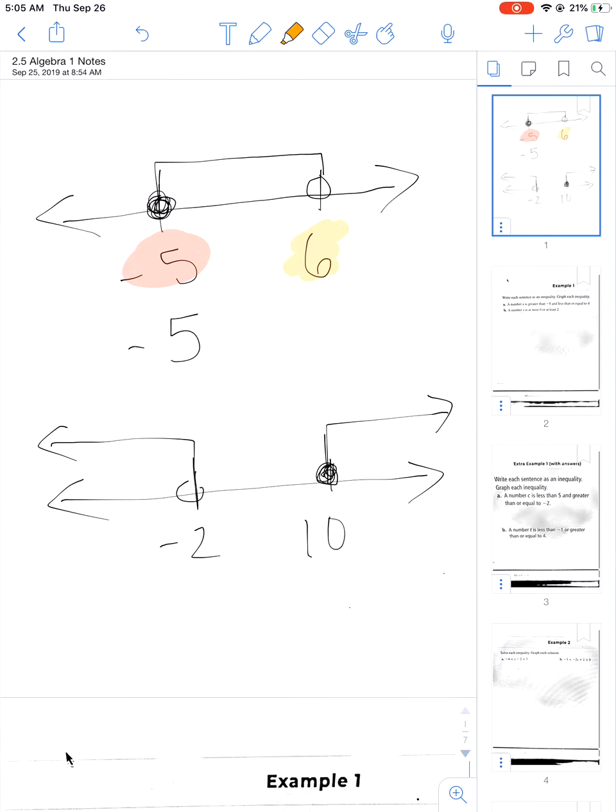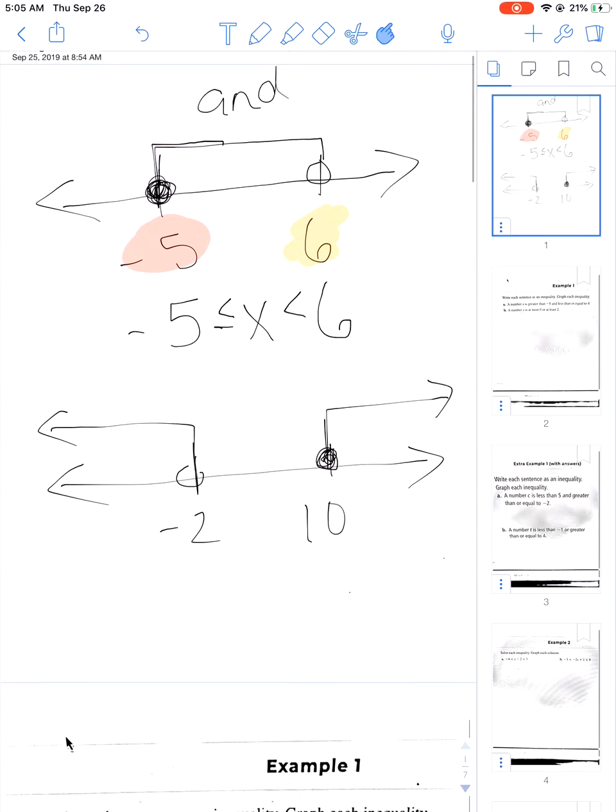So I'll write that up here. And basically, we're just going to put the x in the middle. And then we know that all of these numbers are bigger than -5, but they're also all smaller than 6. Since this is a closed circle, put a line underneath. And that's an and.